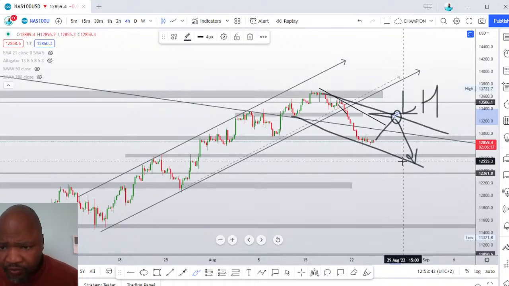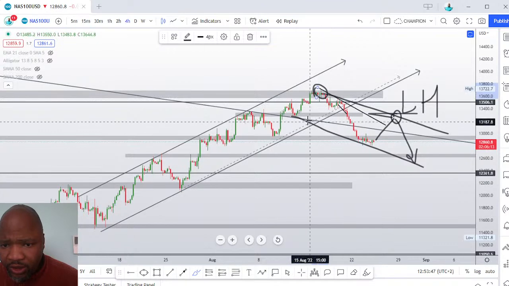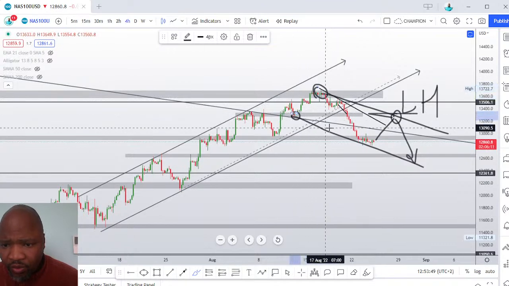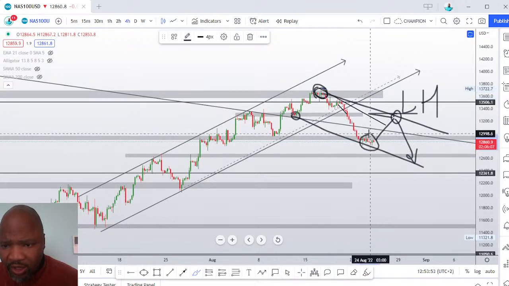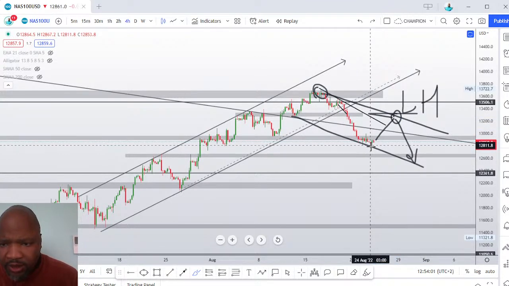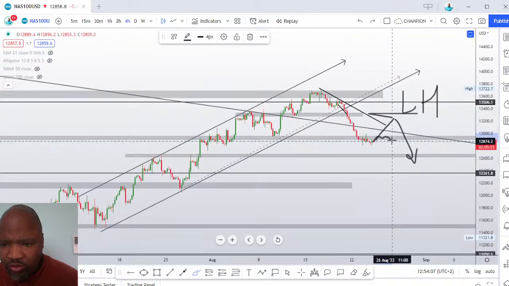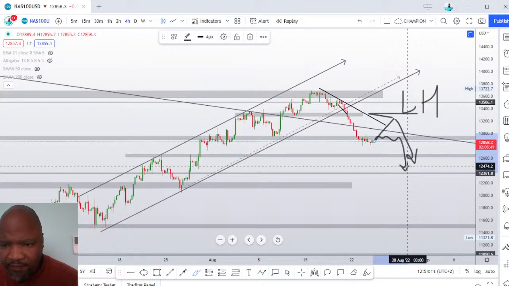Remember the rule of trading: we sell high and we buy low. So I don't want to say this is a buying opportunity, but I don't want you to look for buying opportunities at this level, because I'm not sure if the price will continue with this range and push towards the downside.